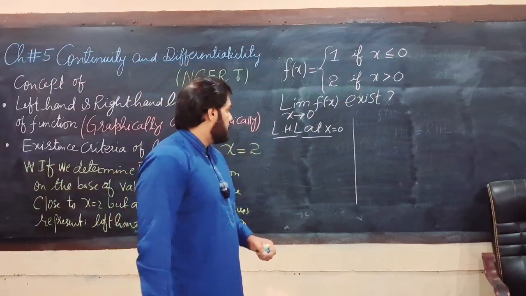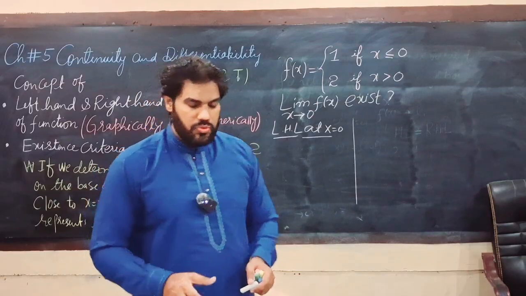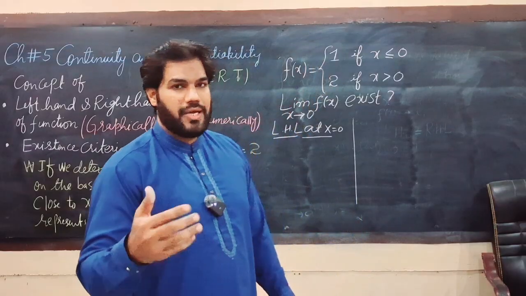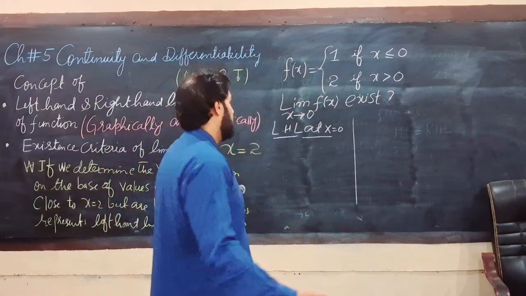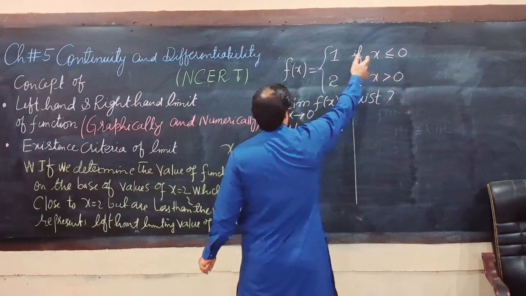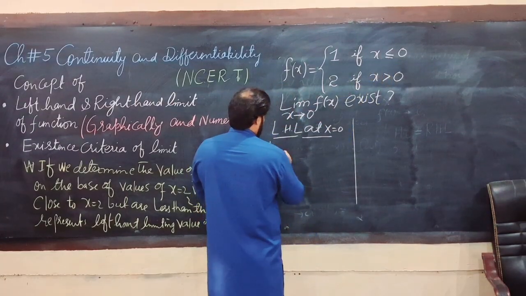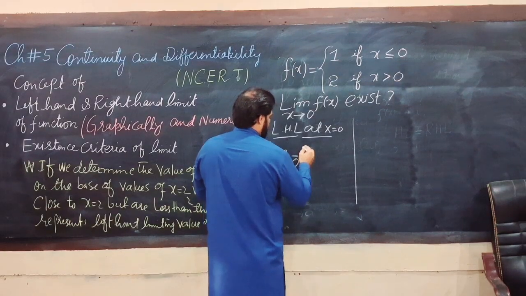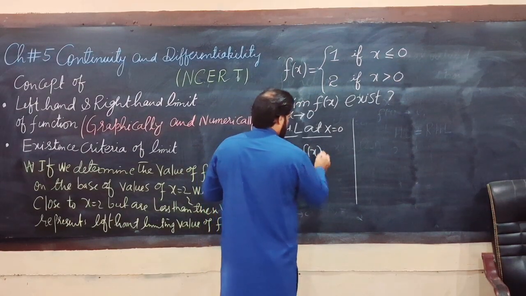To evaluate the left hand limit at x is equal to 0, you have to pick that part of the function in which your x is less than 0. So this is our first part. So the left hand limit of the function is denoted by limit x approaches 0 minus f of x.